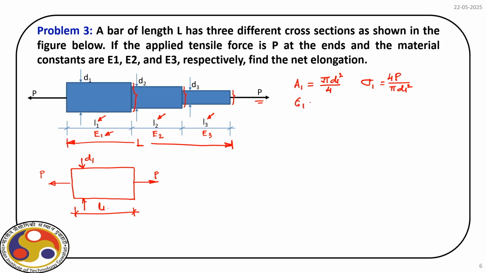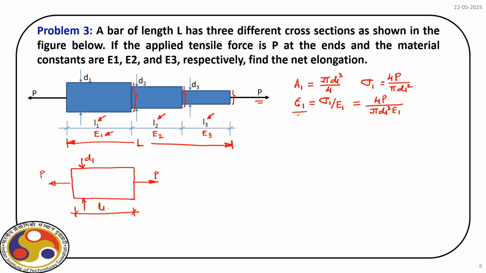So, we have epsilon 1 is sigma 1 divided by E1, so what we have is 4 P divided by pi D1 square E1.